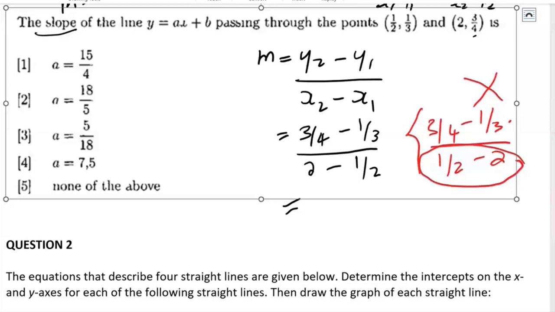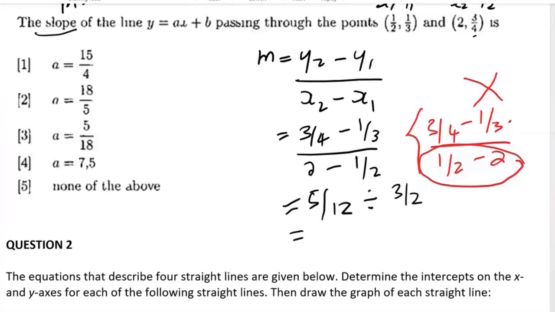So this is going to give you 5 over 12. Division can be written as a multiplication, which is 2 over 3. Okay, so this implies that when you cross multiply and divide, this is going to be 10 over 36.